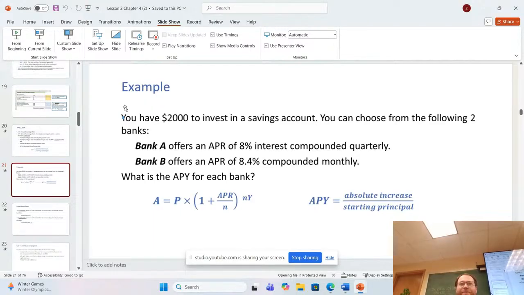So just an example. You have $2,000 to invest in a savings account, and you have the choice of Bank A and Bank B. That's asking for the APY for each bank. So you'll have to use that formula there in order to figure out the new balance.